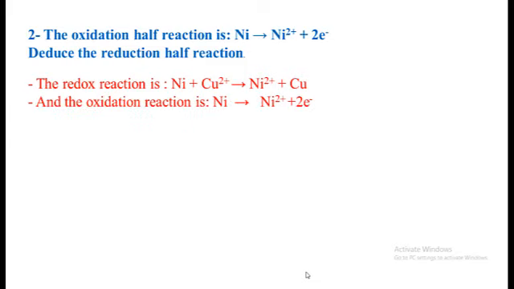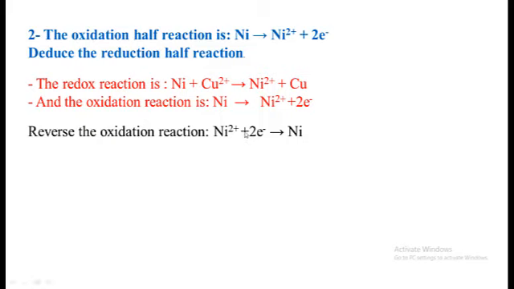In order to deduce the reduction half reaction, the first step to do is to reverse one of the half reactions that are given. Here in the exercise, the oxidation half reaction is given, so we should reverse it. It will become Ni2+ plus 2 electrons give Ni.